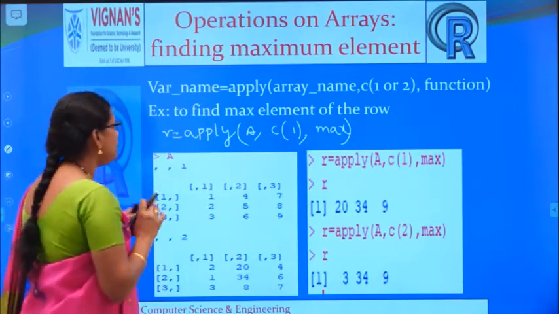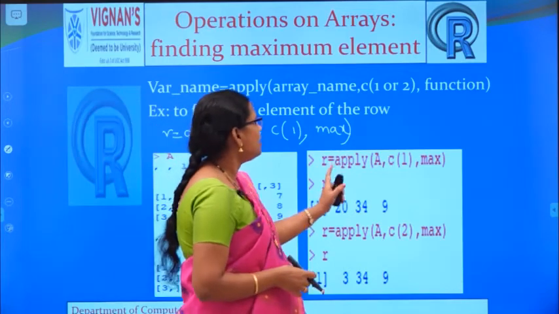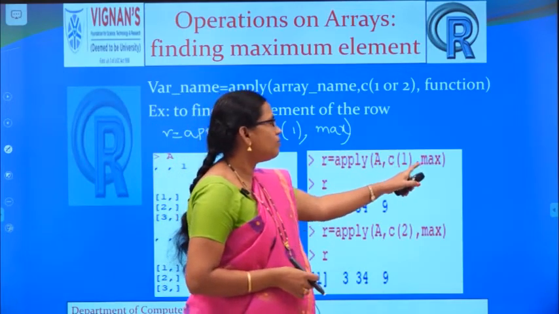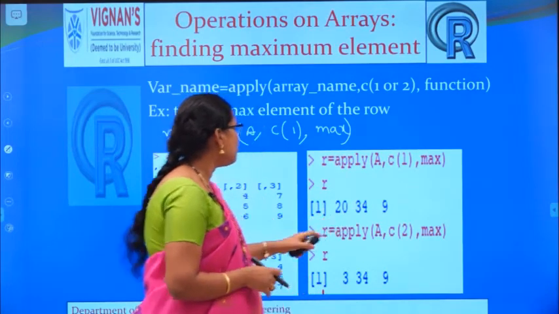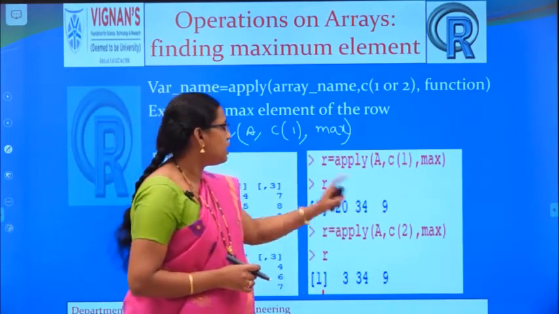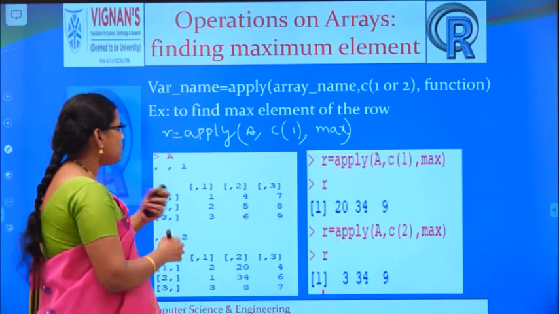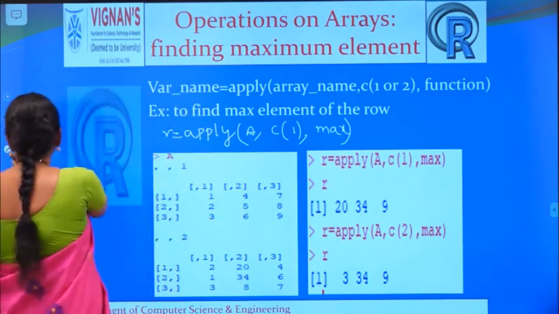You can see here, I have executed apply of A comma C of 1 comma max. When you execute R, it prints 20, 34, 9. What is the maximum element in the first row?